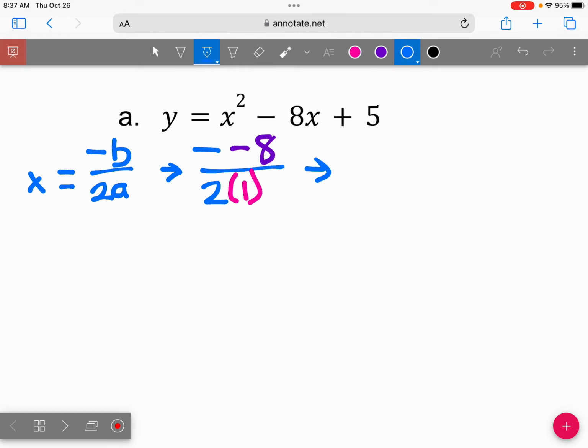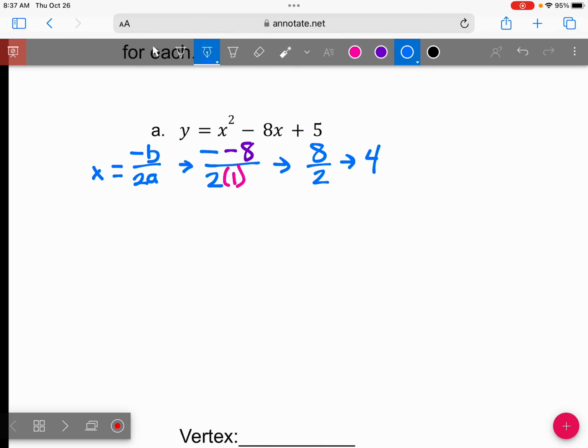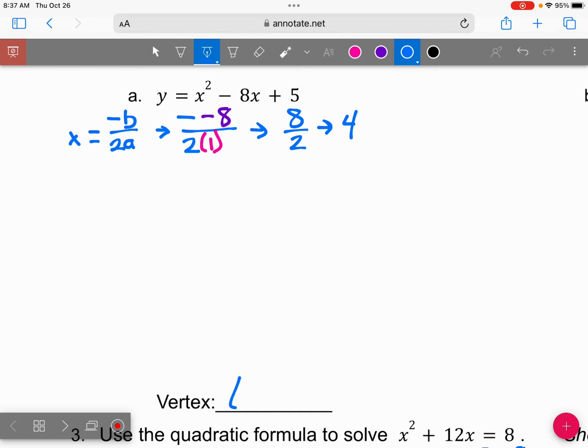So we have the opposite of negative 8, which is positive 8, over 2. What is 8 over 2? 4. And I have the x value of my vertex. That's where we get that, from the axis of symmetry.